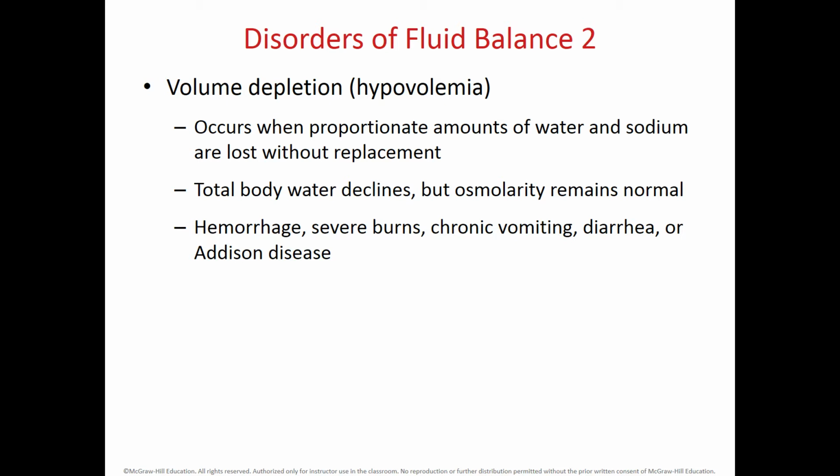In this case, of course, you have a decrease in the TBW, but your osmolarity remains normal. Examples of when you can have hypovolemia are hemorrhage, severe burns, chronic vomiting, diarrhea, or a disease called Addison's disease, in which you have problems with the adrenal cortex that prevent you from retaining fluids.